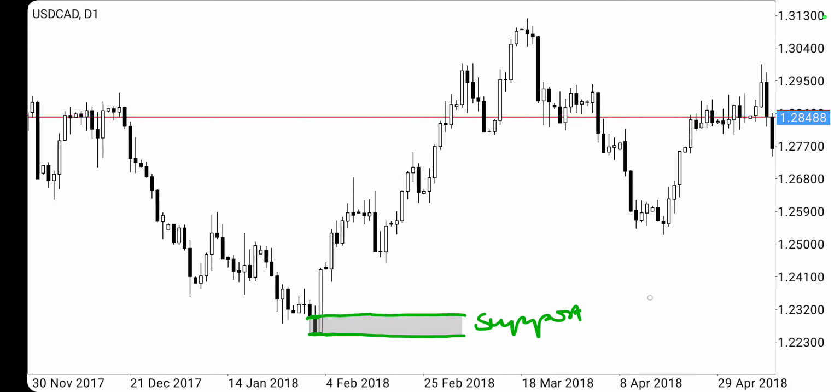But sometimes it happens that the bar where the price turned could be very, very small.